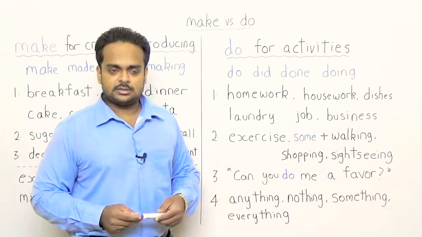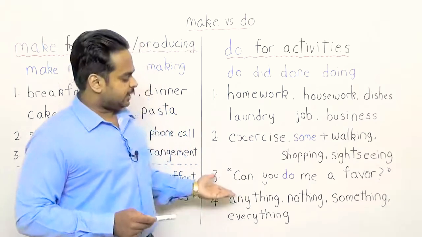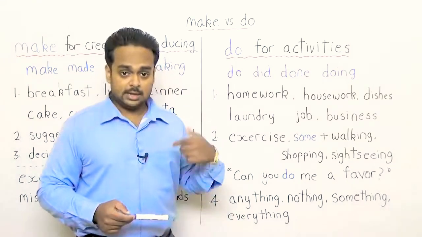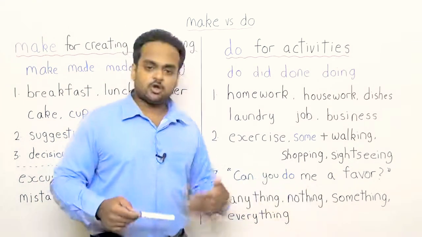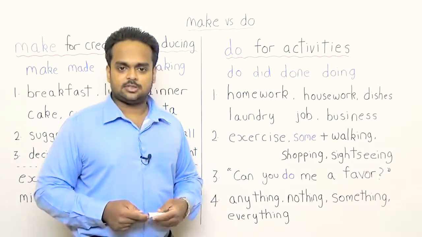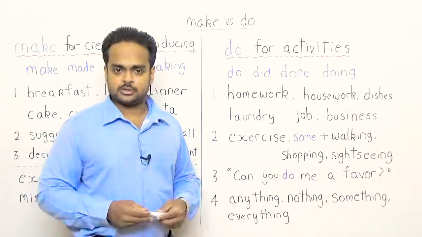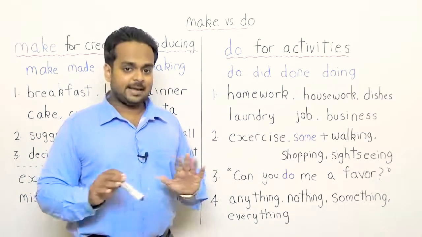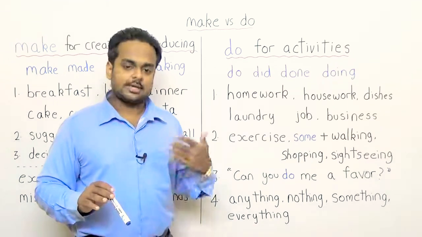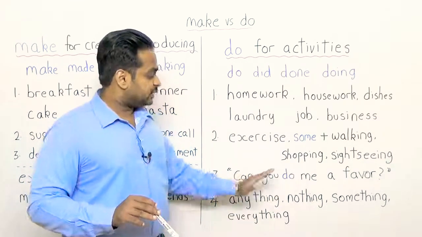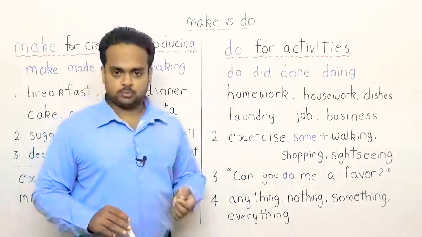And your friend says, "Oh, I'm not doing anything," or "I'm doing nothing on Saturday." And then you might ask, "Oh, do you want to do something?" That means, do you want to plan something? Shall we go out together or do something together? In that situation, we're not talking about any activity specifically. We're talking in general, and similarly with everything as well. So for all of these, we use do.